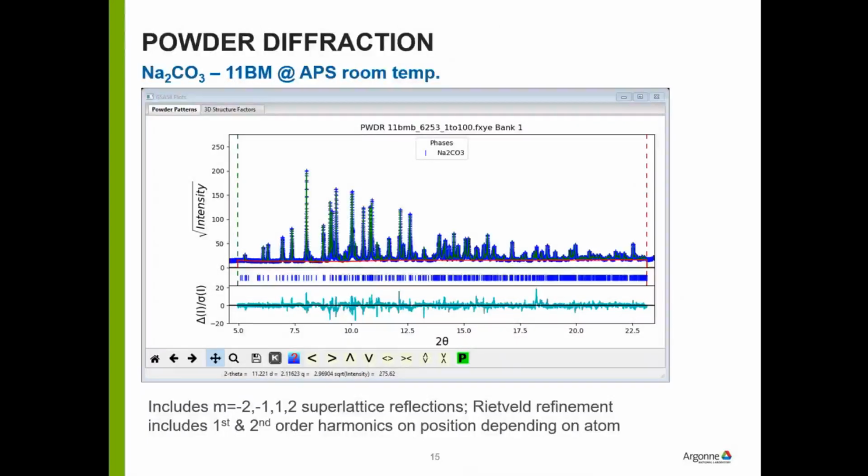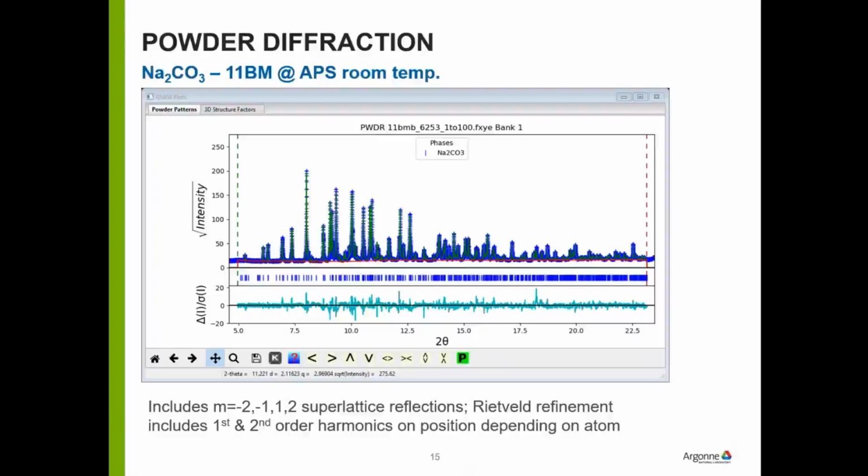This is a powder pattern of sodium carbonate taken at room temperature on 11 BM. And you can't tell which ones are which, but based on the sublattice, there's way too many reflections.